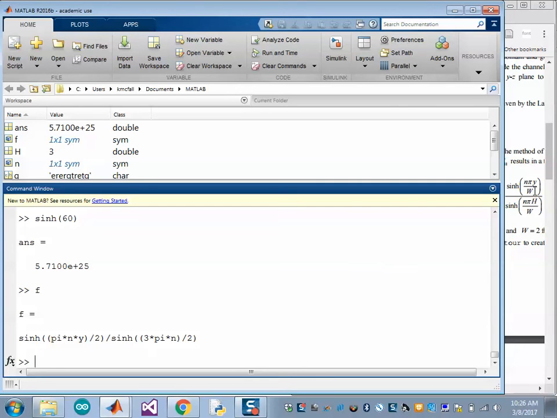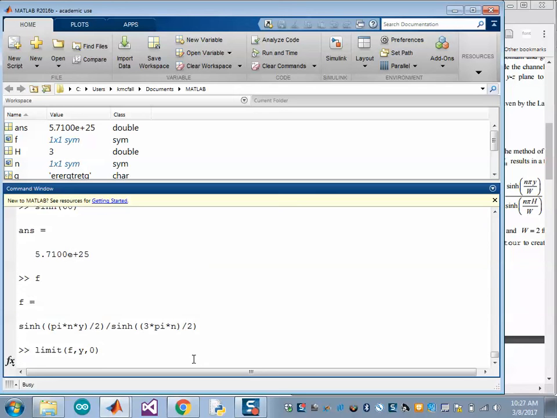Now, let me take the limit of f as y approaches 0, because the smallest value y can be is 0.